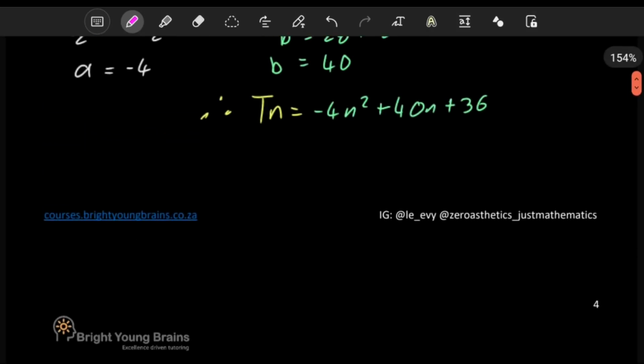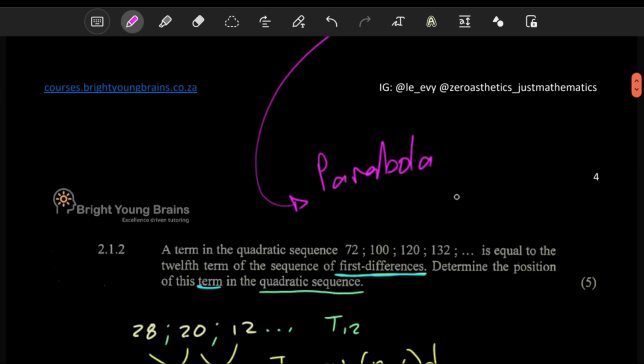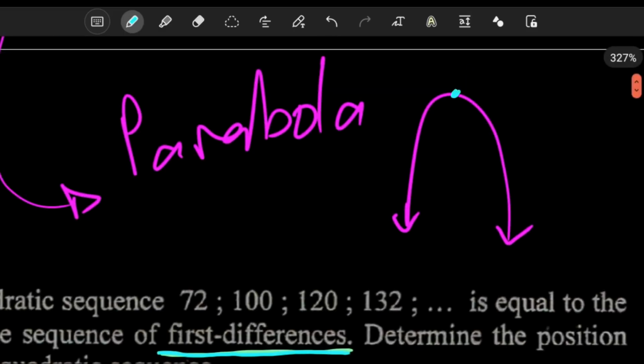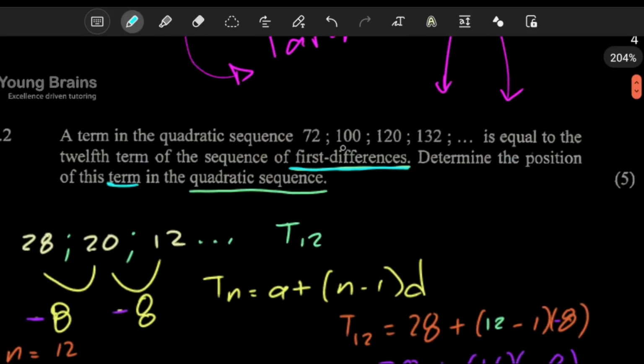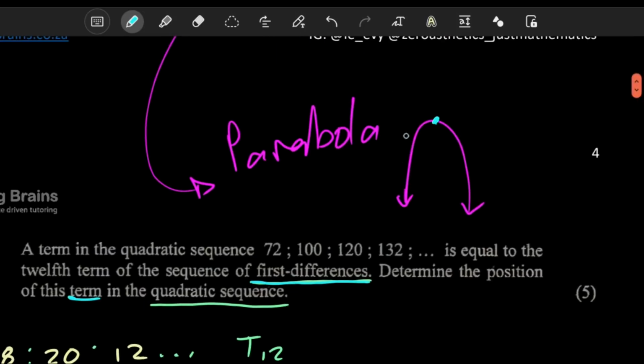All negative parabolas have a maximum value. It's getting higher and higher until a specific value, and then it's going to drop.